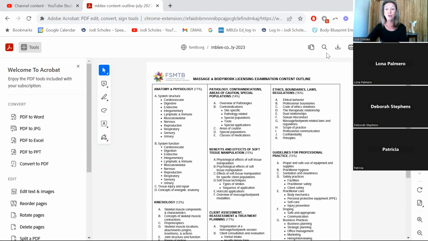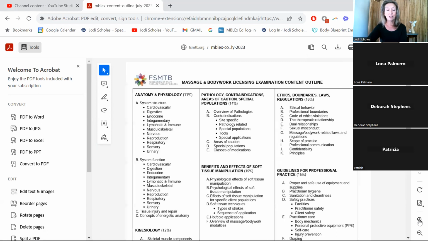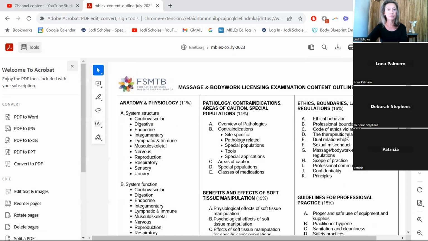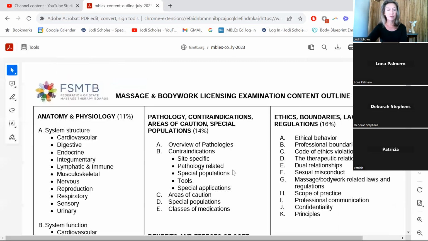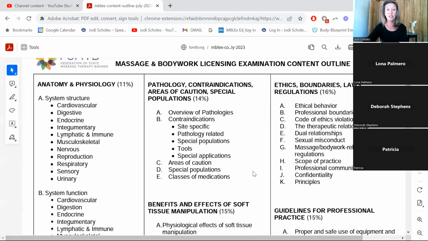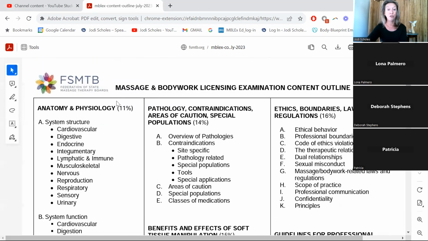But this tells you what is on the test, very specifically, and it tells you how much of a percentage. And so allow this document to guide meaningful homework.